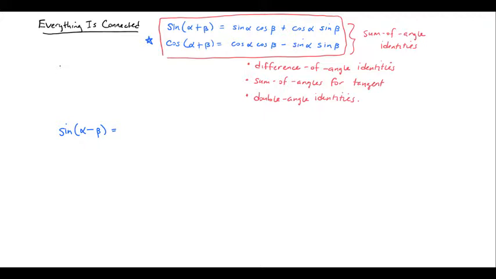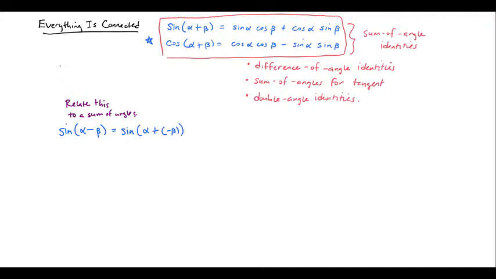Well, there is a way of relating this to a sum of angles. Well, how do we do that? We might try rewriting sine of alpha minus beta as sine of alpha plus negative beta.